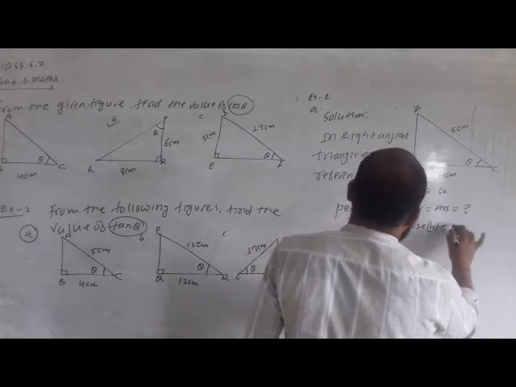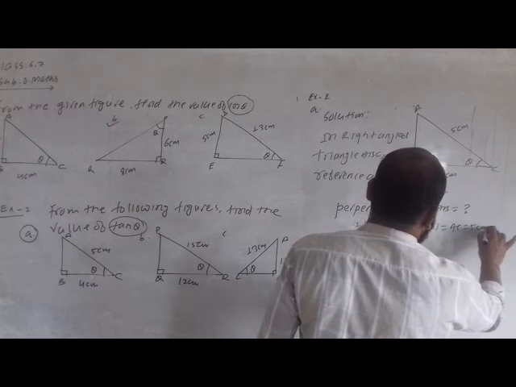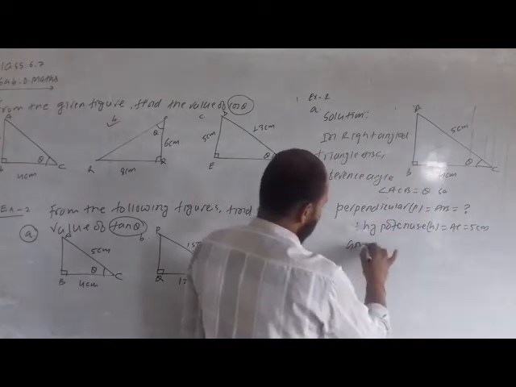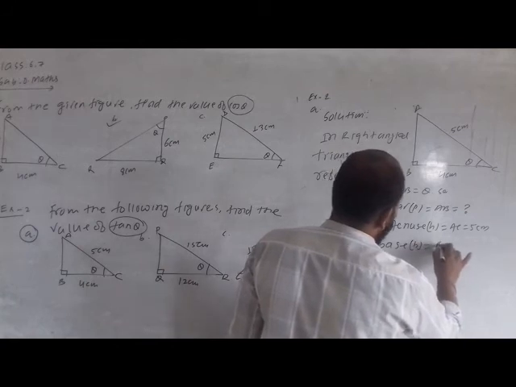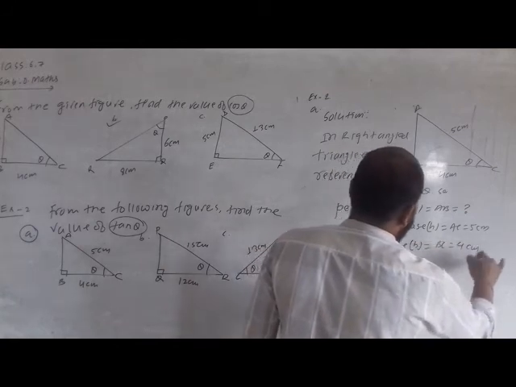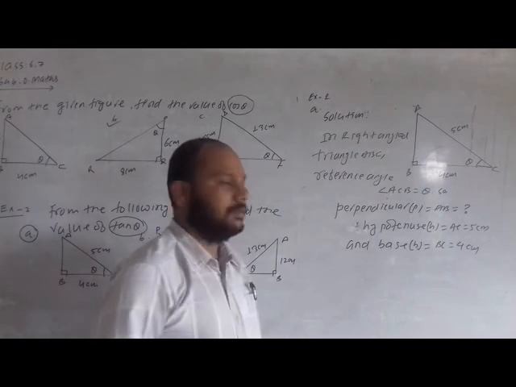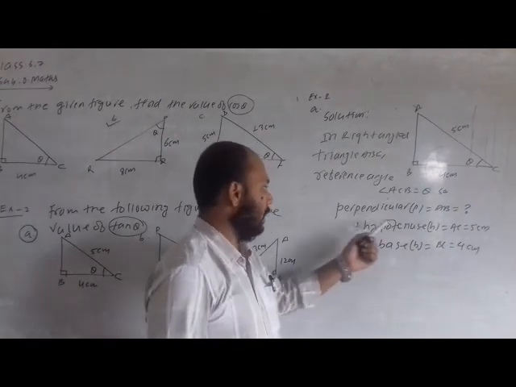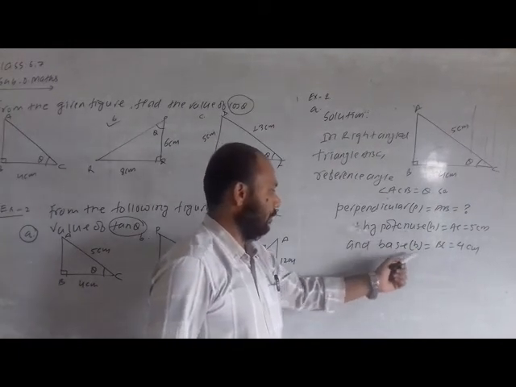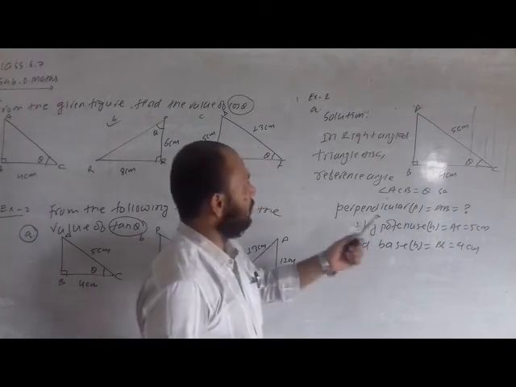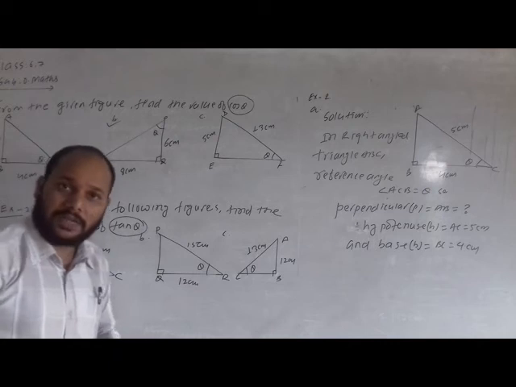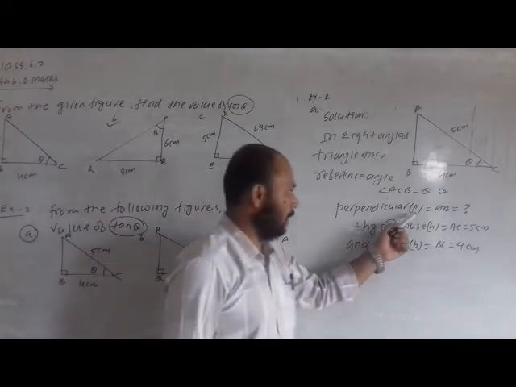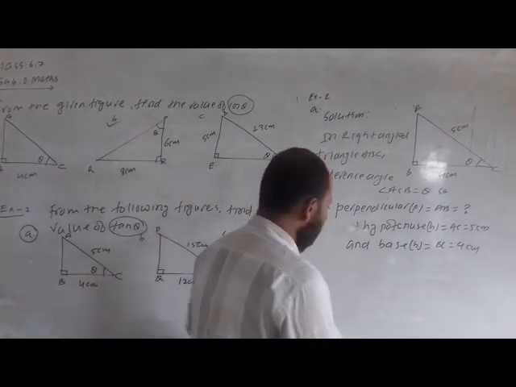Hypotenuse H is equal to AC, which is equal to 5 cm, and base B is equal to BC, which is 4 cm. Now look here, the perpendicular is not given, and hypotenuse and base are given, and your question says find the value of tan theta. To find the value of tan theta we need P and B. So first we will find the value of P by using the Pythagoras theorem.